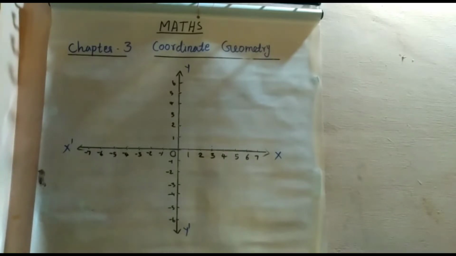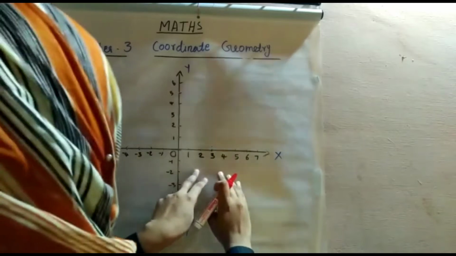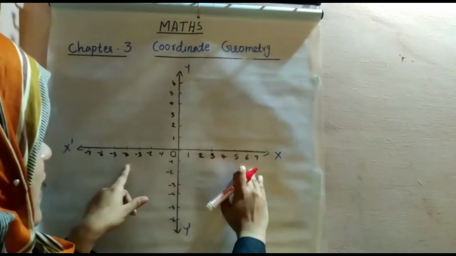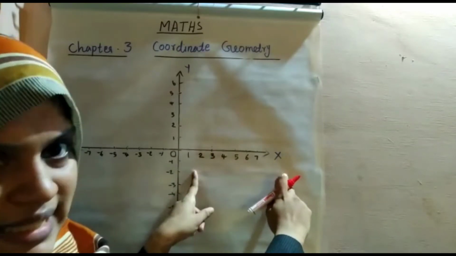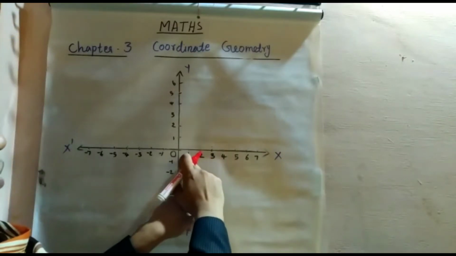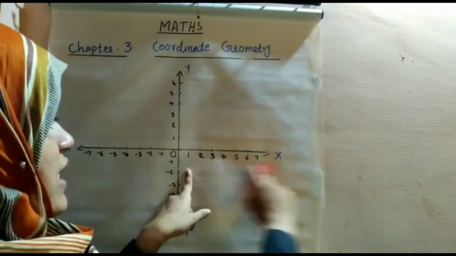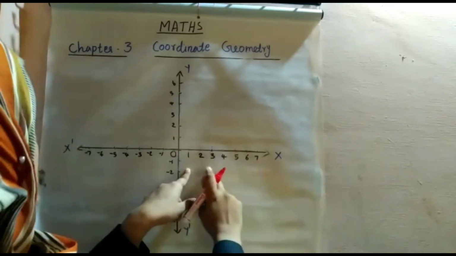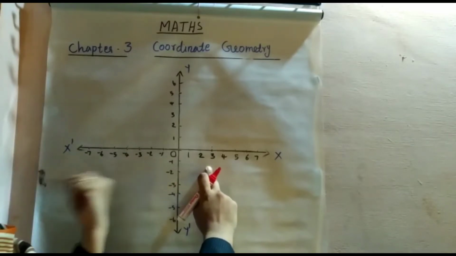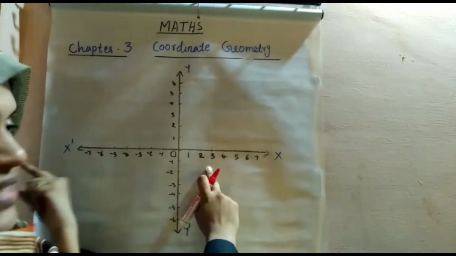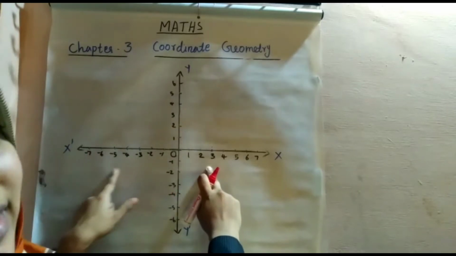Dear students, let's discuss another point. See, the x-axis and the y-axis. In the x-axis two parts are there, here positive and here negative. So the positive x-axis is from the origin in the forward direction, the positive direction. From the origin to the left side, backward, are negative numbers only.